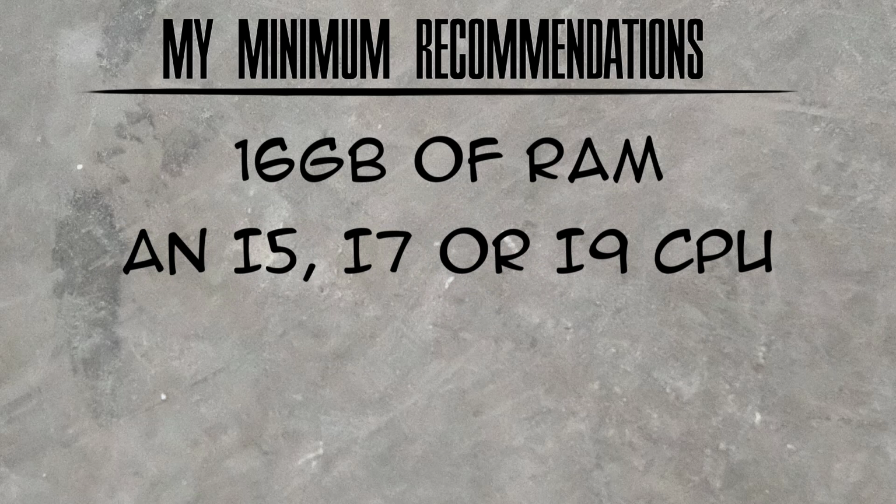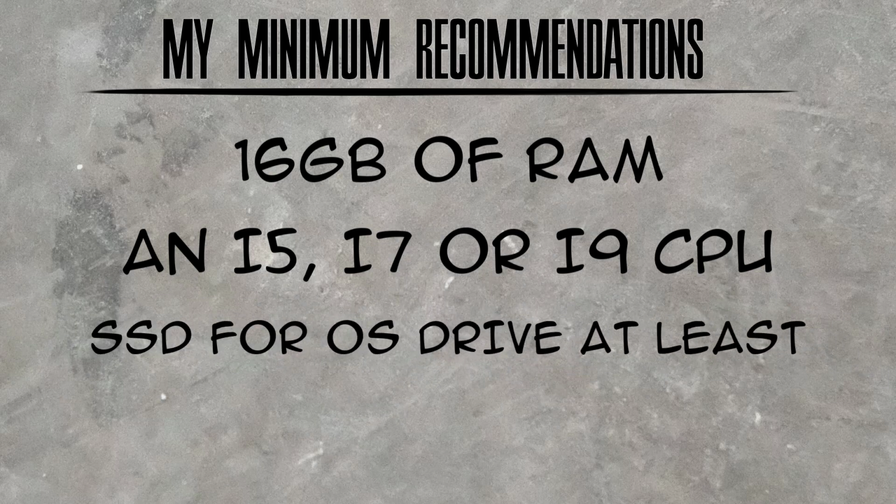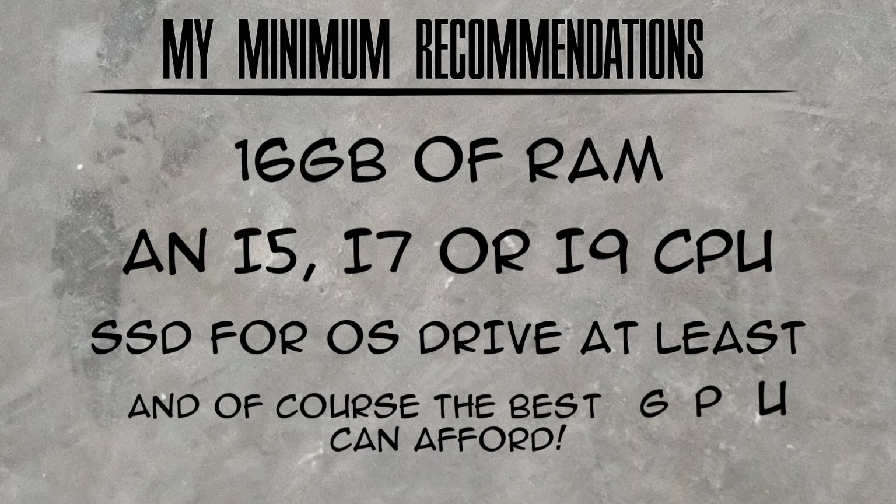Anything lower than that, you're going to probably get frustrated with it. And then my number one thing, you want an SSD. It is not negotiable. You want your operating system to be running on an SSD drive. It is profound how much of a difference that makes. Like, we're talking seconds to boot your computer, like literally 4 or 5 seconds, or maybe up to a minute. An SSD makes just a huge performance difference across the entire gamut.